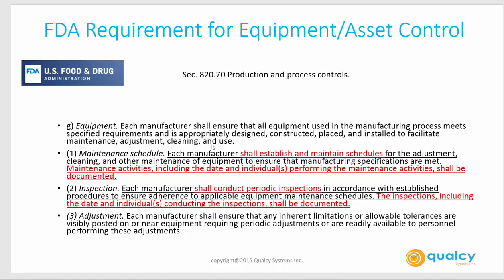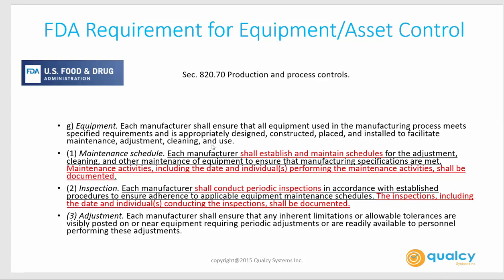And here is the section from 21 CFR Part 820.70, Production and Process Controls. When we are using equipment for production and process controls, we have to make sure that the equipment used in the manufacturing process meets the specified requirements and is appropriately designed, constructed, placed, and installed to facilitate maintenance and adjustment.